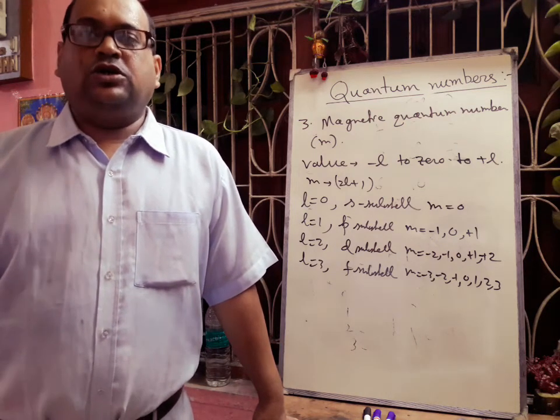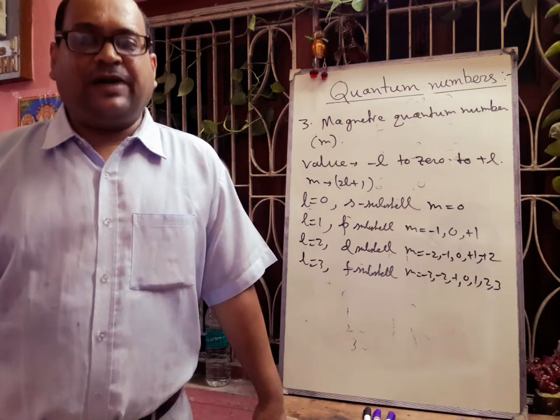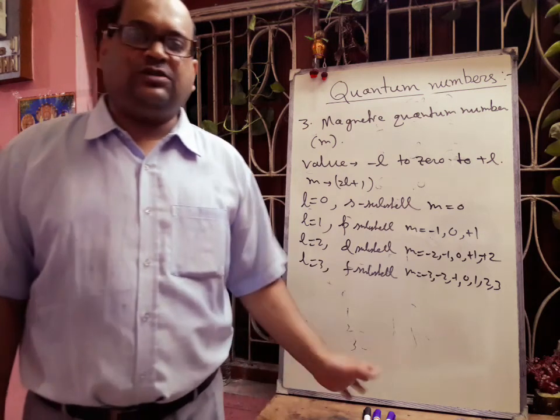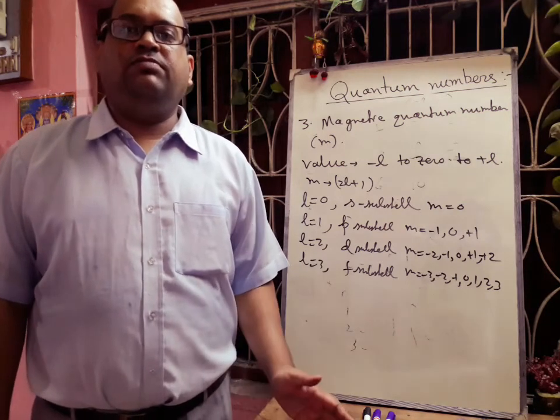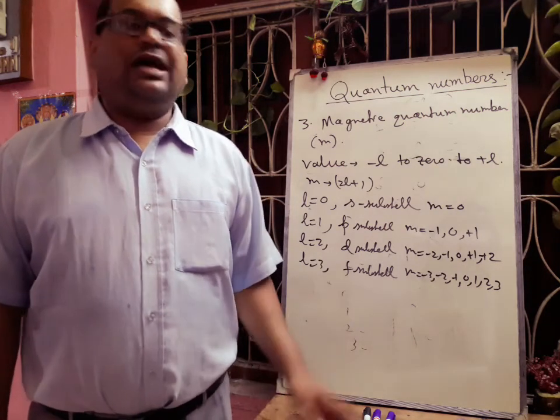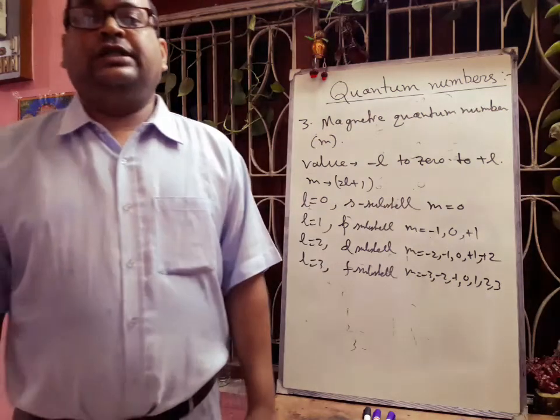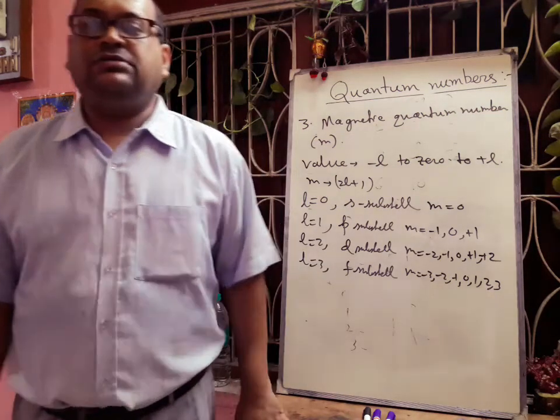Understand? So only one value of m is permitted, hence it is indicating the s orbital, 1s, and the subshell is composed of only one orbital. When we consider n = 2, the l value will be 0 and 1. So when we consider l = 1, there will be m values of -1, 0, +1.